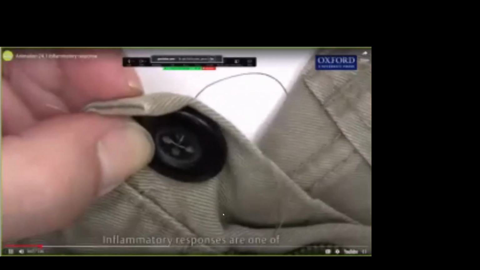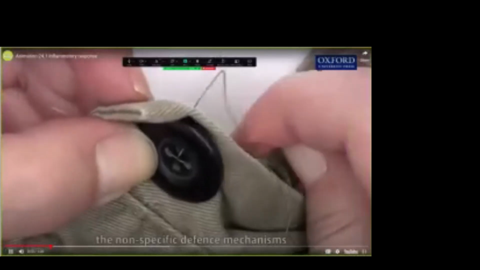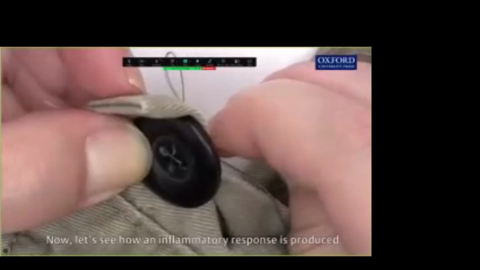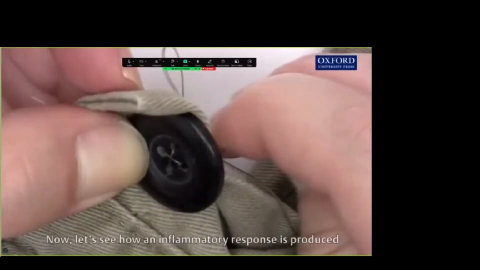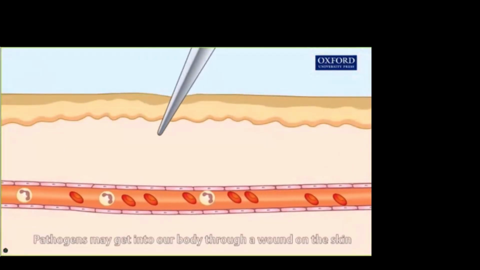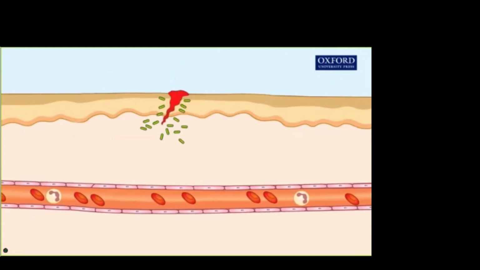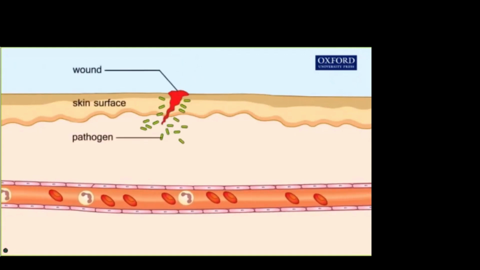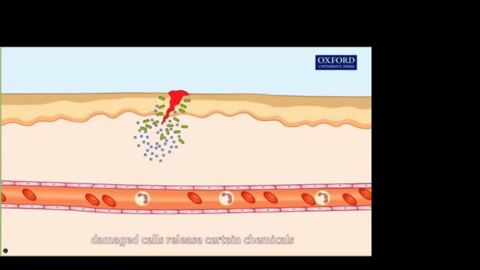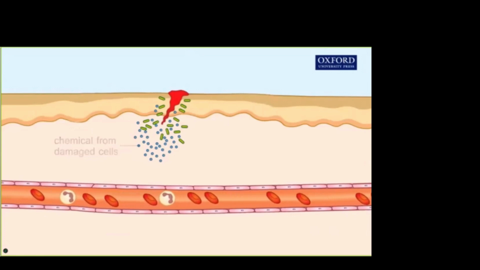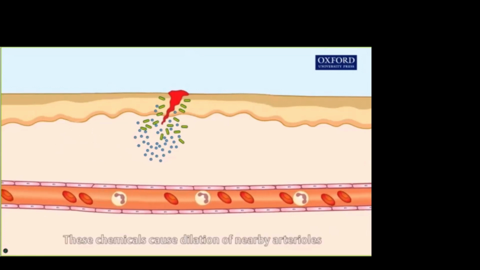Inflammatory responses are one of the non-specific defense mechanisms that protect us from diseases. Now, let's see how an inflammatory response is produced. Pathogens may get into our body through a wound on the skin. In the wound, damaged cells release certain chemicals. These chemicals cause dilation of nearby arterioles. Histamine.